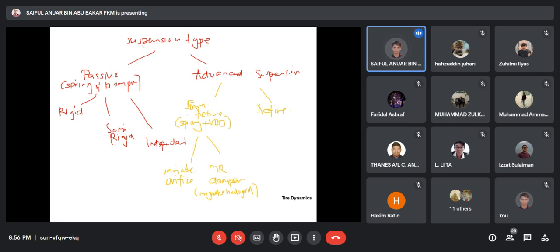So this is how this type of advanced suspension could improve the vertical motion of the vehicle. If you are driving on a rough road, only your unsprung mass is going to move excessively, while your chassis will try to maintain its position as level as possible. Okay, so that's the semi-active suspension.